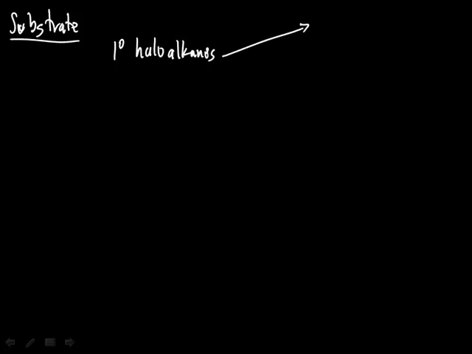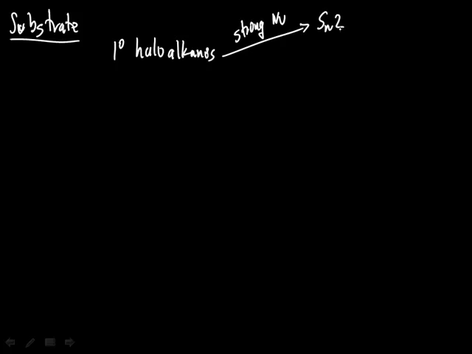Finally, one additional way we can look at that is through analysis of the substrate. And of course these two analyses are complementary. If we look at the primary haloalkanes, and if we expose them to strong nucleophiles, we will get SN2 reaction.